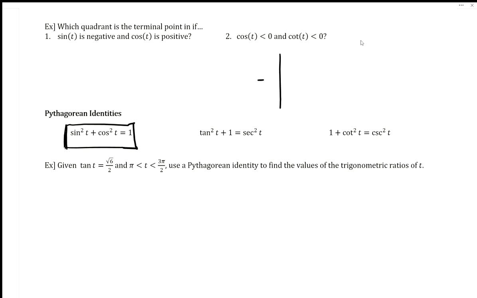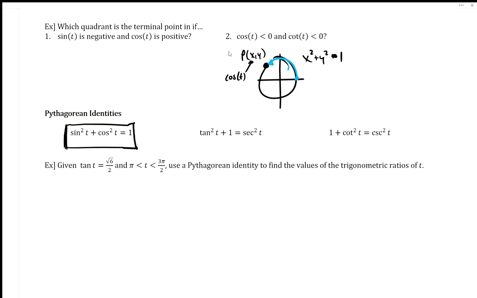Remember our unit circle is based on the equation x squared plus y squared equals 1, where we have a terminal point based on some t value, where the x is the cosine of t, that x coordinate.